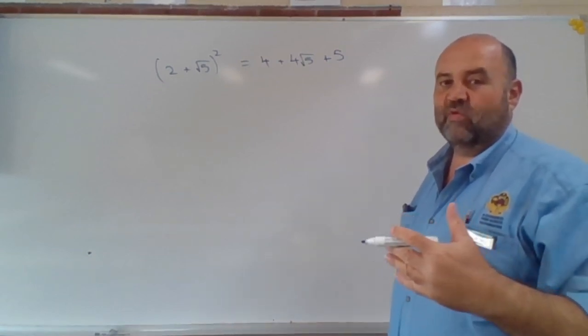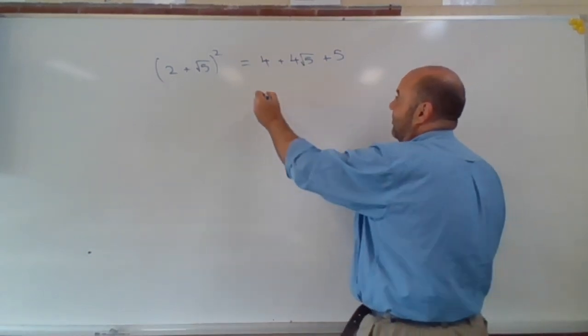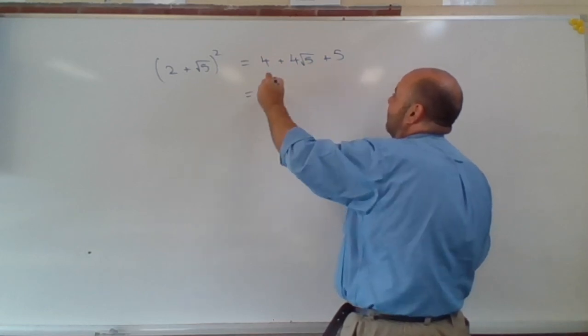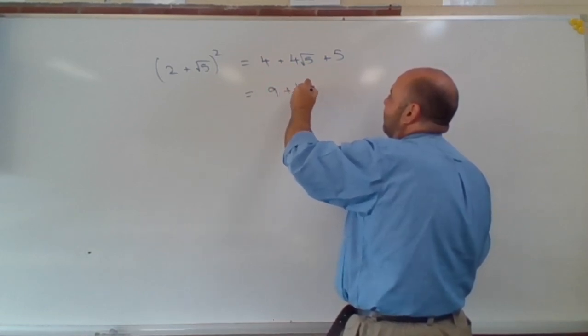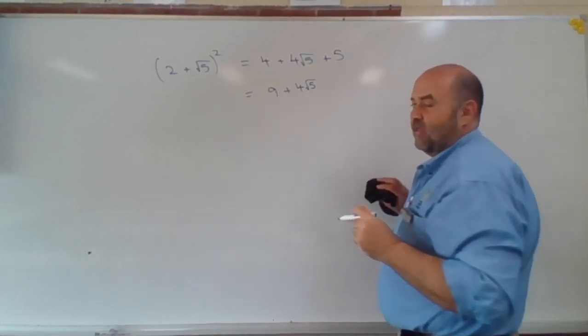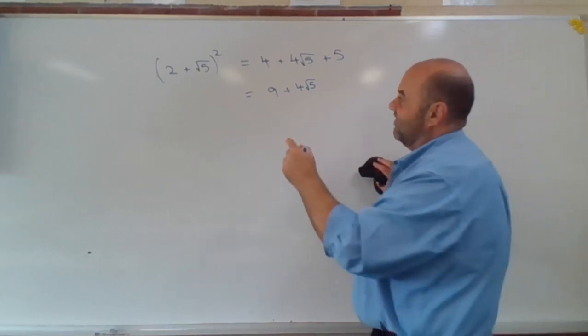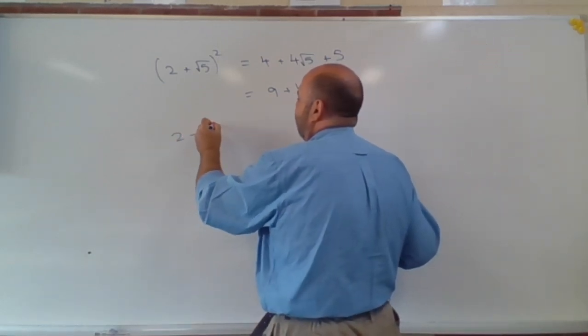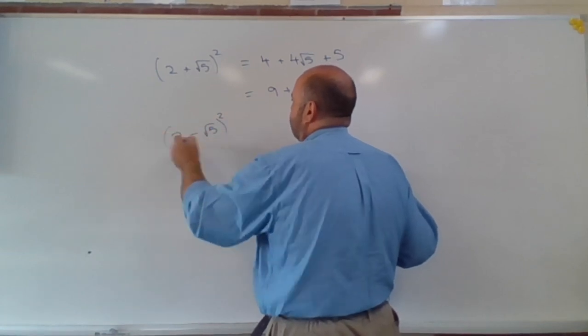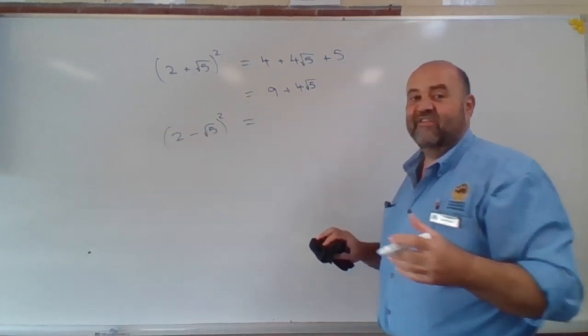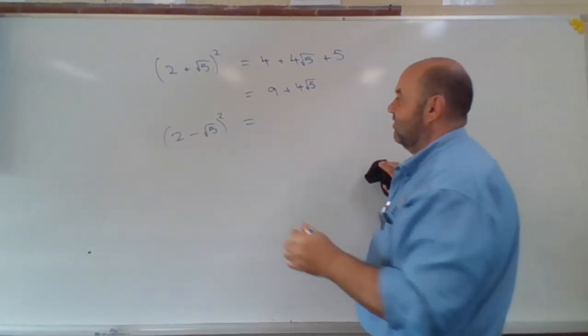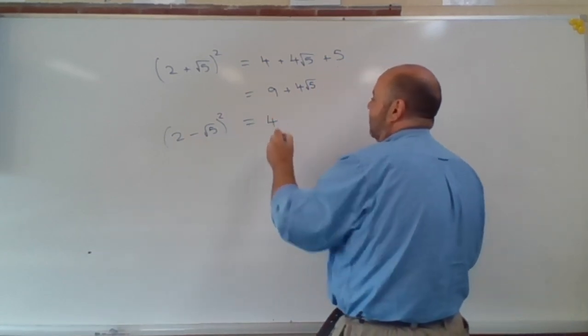Okay, square the first, twice the product, square the last. And now I can simplify this. 4 plus 5 is 9 plus 4 root 5. What if there was a minus sign in there? What if it was 2 minus root 5 squared? Well, it still works exactly the same way. I square the first, so that's 4.